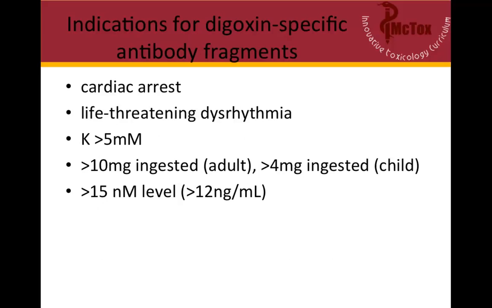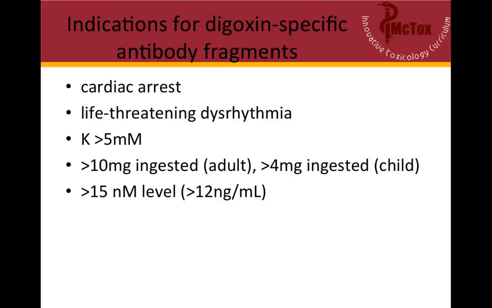The definitive therapy for severe digoxin toxicity is digoxin-specific antibody fragments such as DigiFab. Indications for DigiFab include cardiac arrest, a life-threatening dysrhythmia regardless of serum digoxin levels, potassium level greater than 5, an ingested amount of digoxin greater than 10 milligrams in adults or 4 milligrams in children, or an absolute level of digoxin of 15 nanomoles per liter.